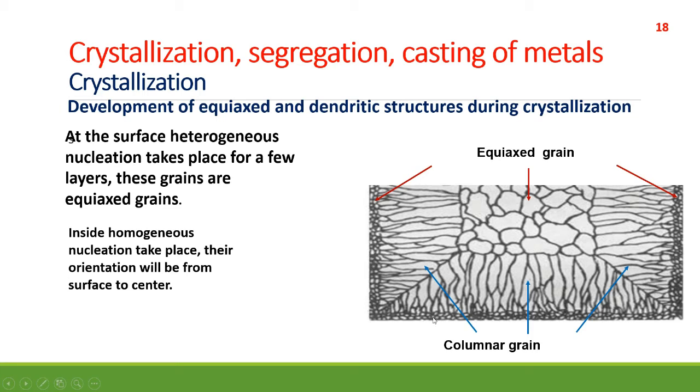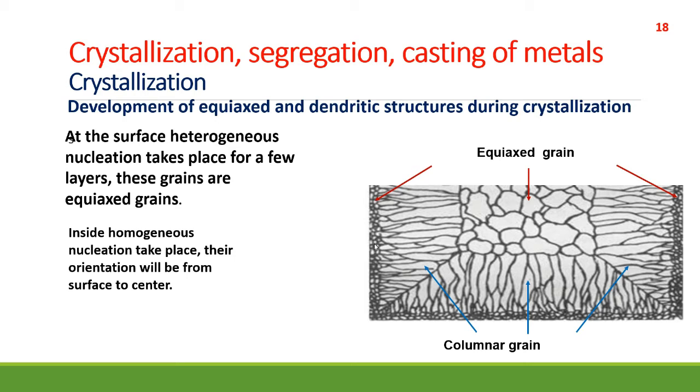In heterogeneous nucleation, we have learned that at the surfaces or at the walls of this vessel, it will always be heterogeneous nucleation taking place. So here also some heterogeneous nucleation has taken place, and this heterogeneous nucleation has given these small equiaxed particles, or rather, equiaxed grains.